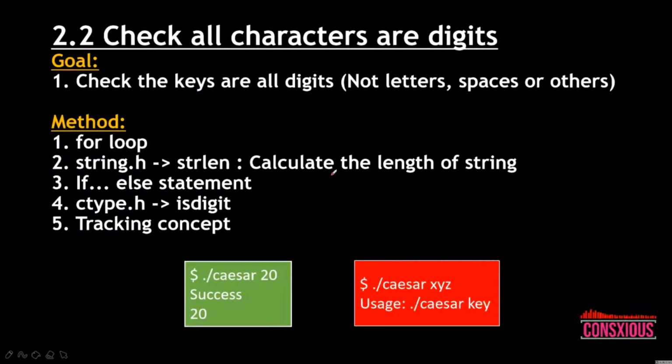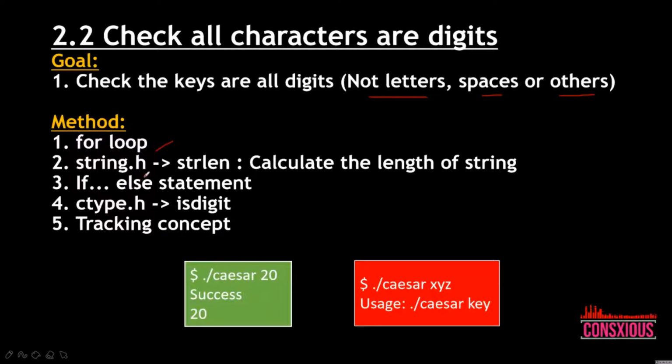So as 2.2, we have to check that all the characters are digits. So we have to make sure they are not letters, spaces, or others. So we can use a few methods consecutively, together in each step. For example, we can use the for loop.